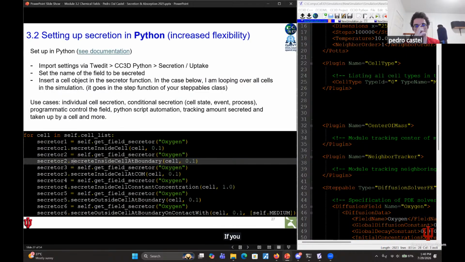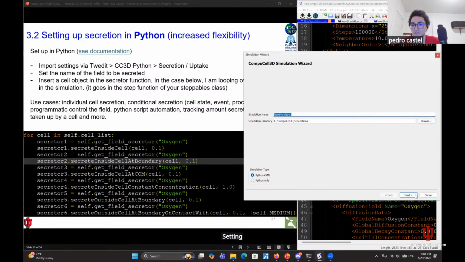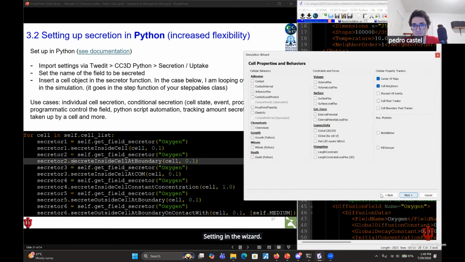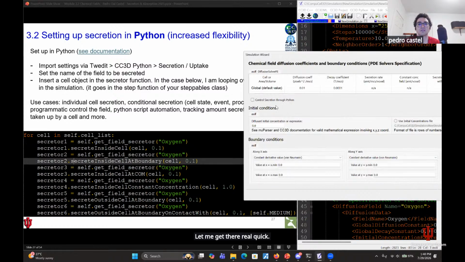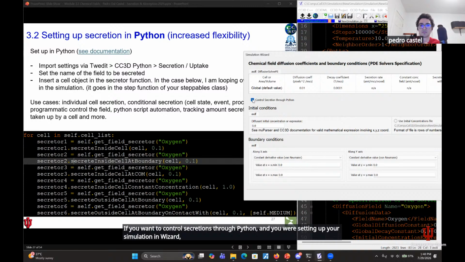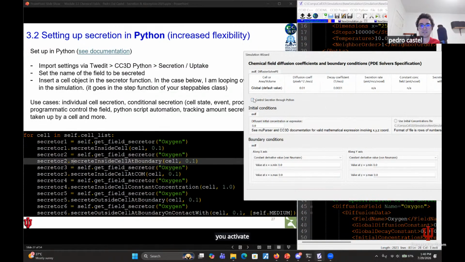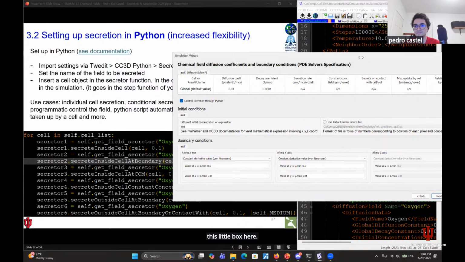If you want to control secretion in Python, you have to hit a setting in the wizard. Let me get there real quick. There is this setting here, control secretion through Python. If you want to control secretion through Python and you are setting up your simulation in wizard, you activate this little box here. Okay.